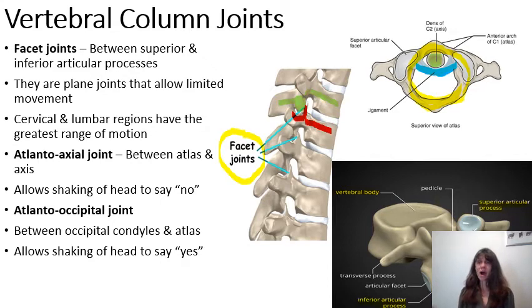The atlanto-occipital joint is the joint between the occipital condyles of occiput and the superior articular facets of atlas, which you can see in this picture.